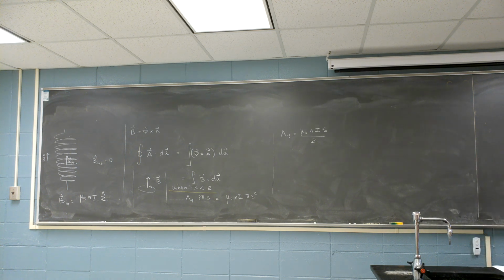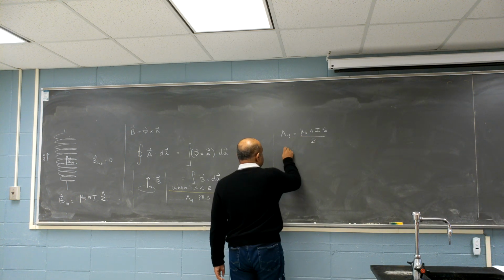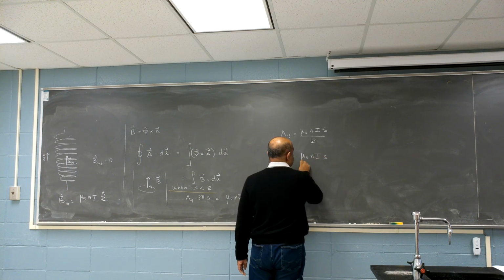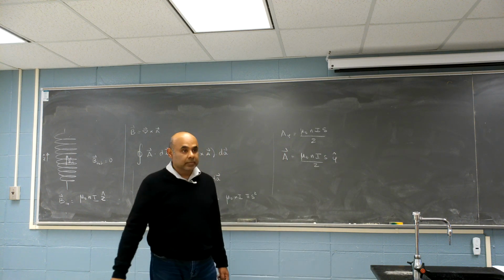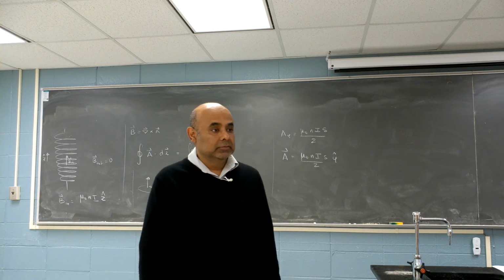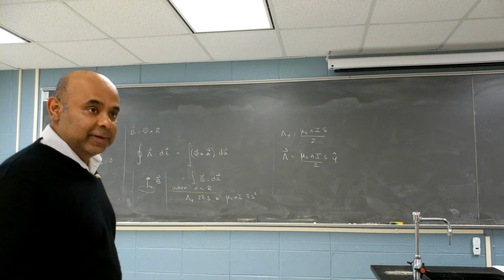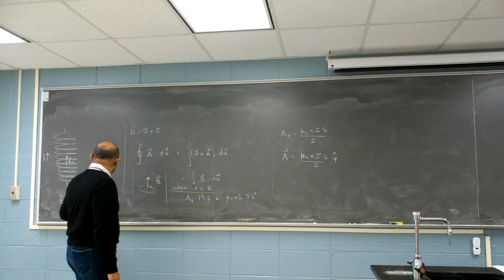Okay. Now, Griffiths does this, which is pretty neat. He says, well, this is all the A there is. Why? Because if I take the curl of this, I'm going to get this.